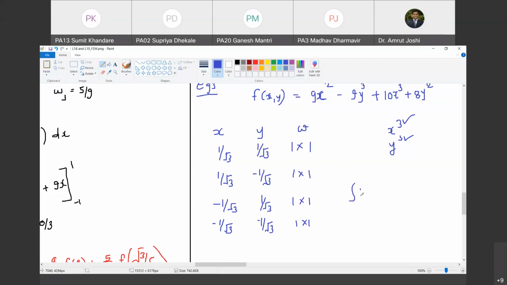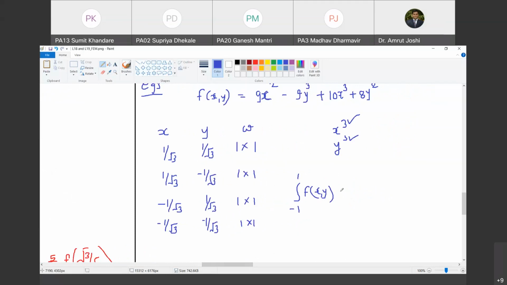Okay. So how do I write this integration? How do I write the integration of f of x comma y from minus 1 to 1? To write this, what I'm going to do is this. It is going to be first one, f of 1 by root 3, 1 by root 3 multiplied by this weight, that is 1, plus this weight multiplied by f of 1 by root 3, minus 1 by root 3.